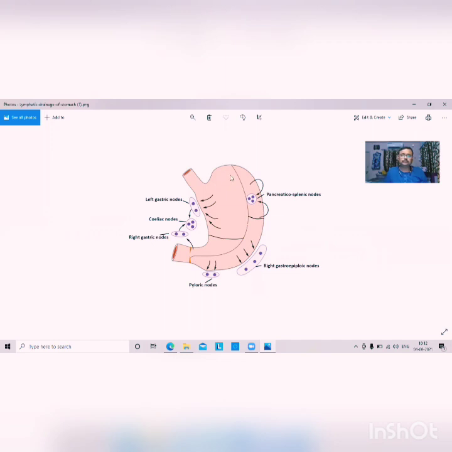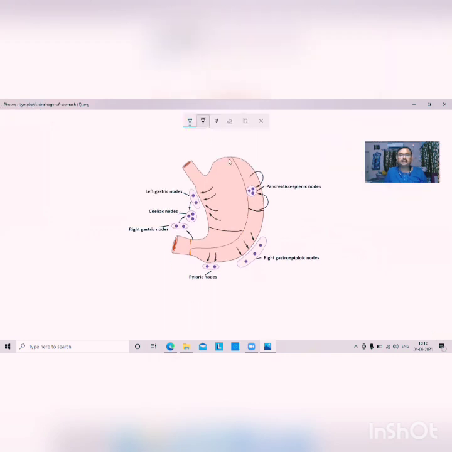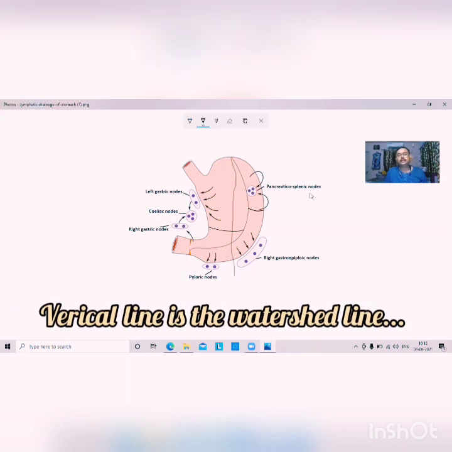Now, for the sake of discussion, I need to divide the stomach into two parts by a vertical line. This vertical line I have drawn divides the stomach into right and left parts.